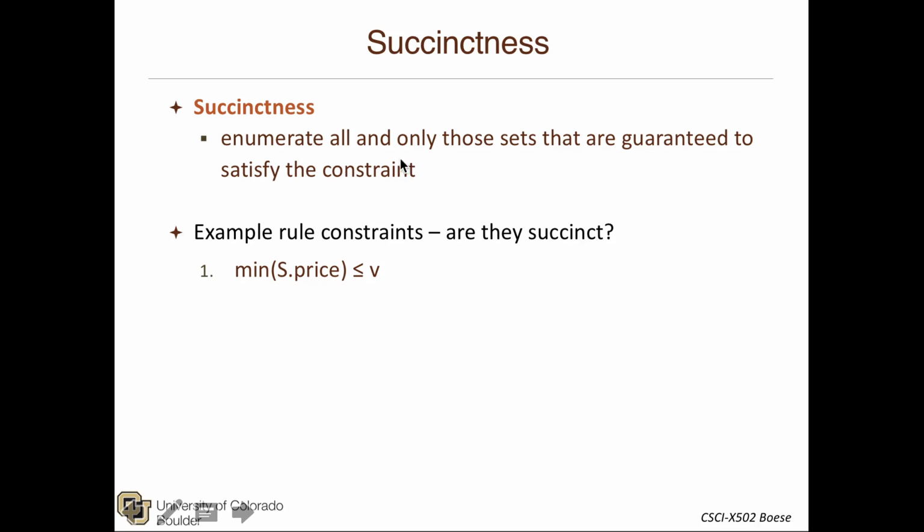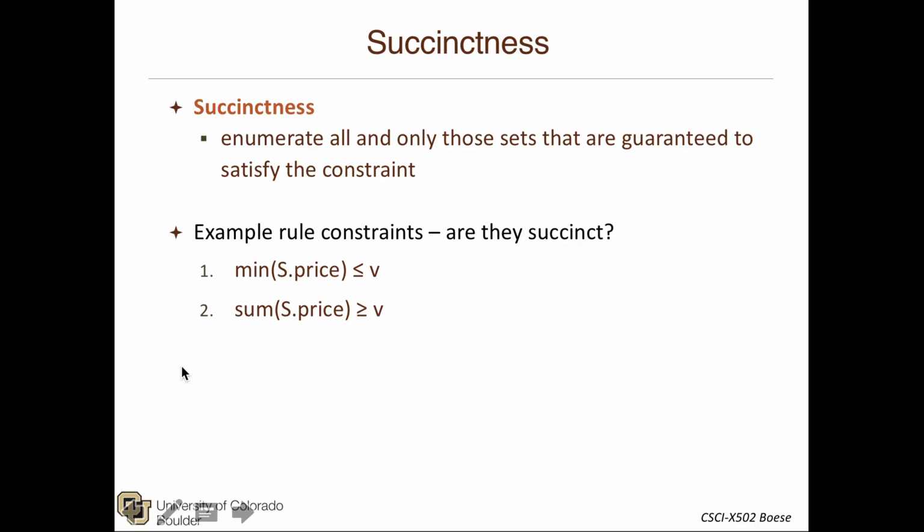Can we enumerate all and only those sets that are guaranteed to satisfy that constraint? We're looking for the minimum price, and yes, that would be a succinct constraint. If we're looking at the sum of the prices of the subset being greater than something, is that succinct? It's not succinct because we don't have a way to enumerate only a subset of items that would guarantee this.